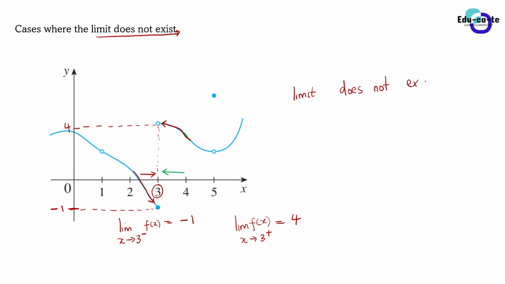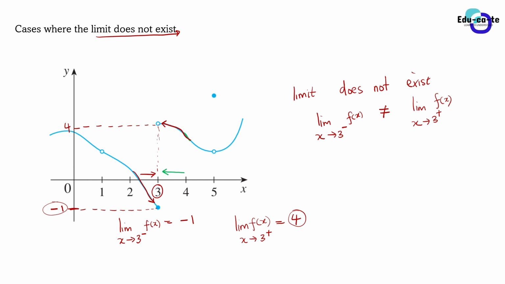Why does the limit not exist here? It is because the limit as x tends to 3 from the left of this function f of x is not equal to the limit as x approaches 3 from the right of the function f of x. As we approach 3 from the left, we get -1. As we approach 3 from the right, we get +4 as our y value, which is the limit.